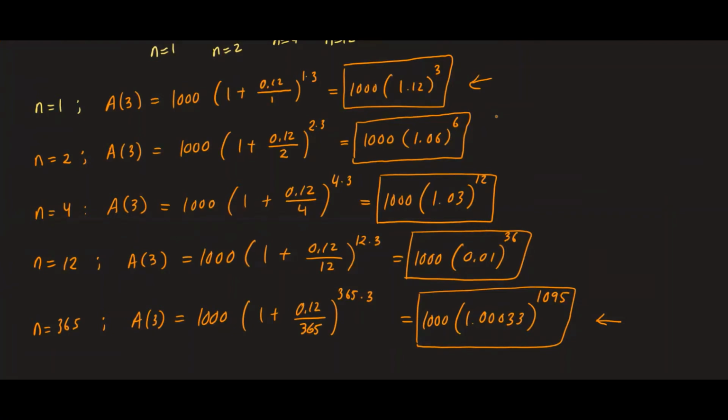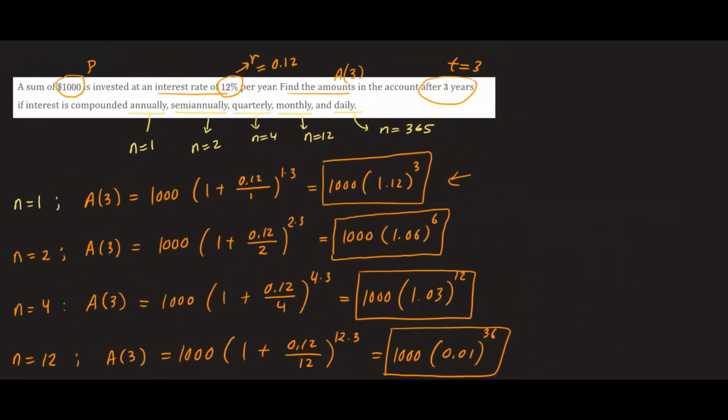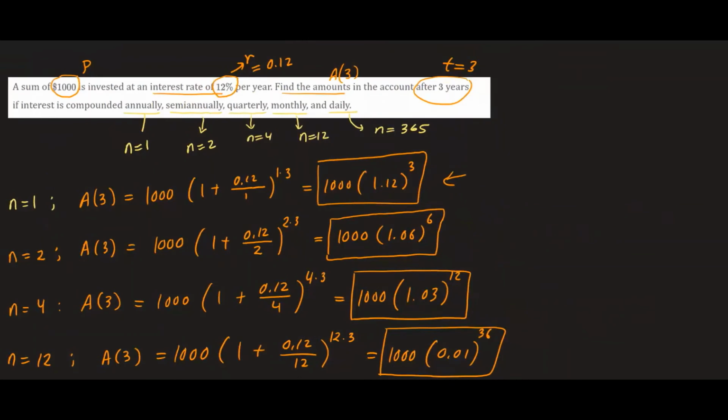But hopefully the idea makes sense, and hopefully you know how to use the formula. Once you identify what your P, R, and T is, and then knowing how you're compounding it, plugging into the formula should become straightforward. Okay, all right, so that's it for this video.